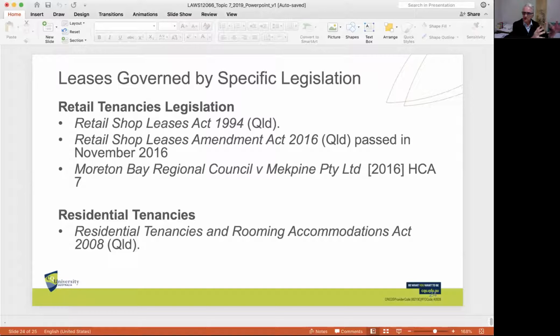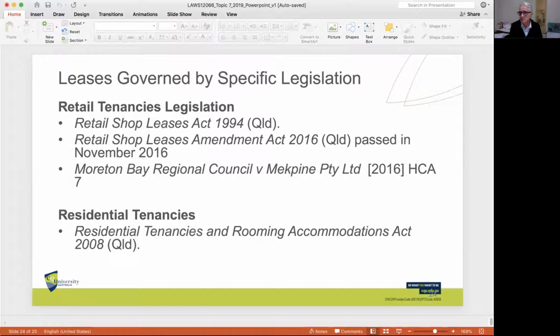This is legislation that specifically governs retail shop leases, but only those that fall within the definitional parameters of what a retail shop lease is under the Act. Just because you're in a retail shop situation doesn't mean that it's necessarily governed by this Act. It has to fall within the definitional parameters.